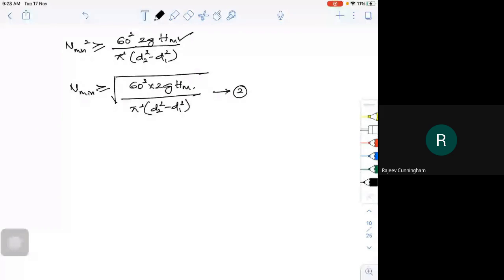Sometimes I may have to replace this manometric head with the Euler head. For that, the manometric efficiency is given by the manometric head divided by the Euler head, or I can write the manometric head is equal to the manometric efficiency into the Euler head.